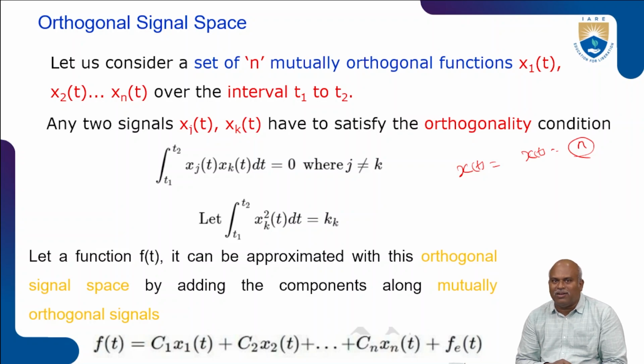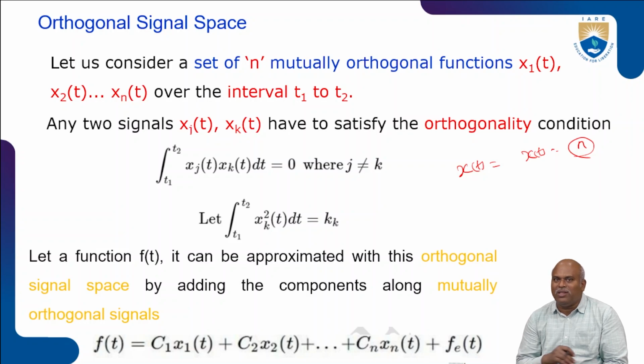So if we consider the orthogonal condition, we need to analyze it. How do we analyze? Now the signal is represented as x. We split it into mutually orthogonal signals in n cases. If we analyze, we take some interval of time duration, t1 and t2. If we take the t1 and t2 interval, we consider two signals, represented as x of j as well as x of k. How do we satisfy the orthogonality condition?